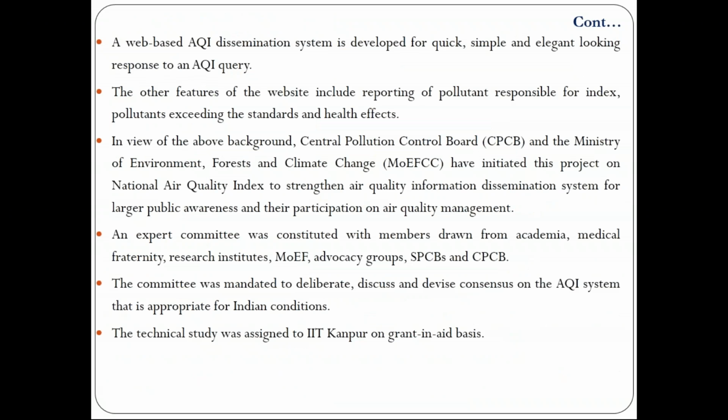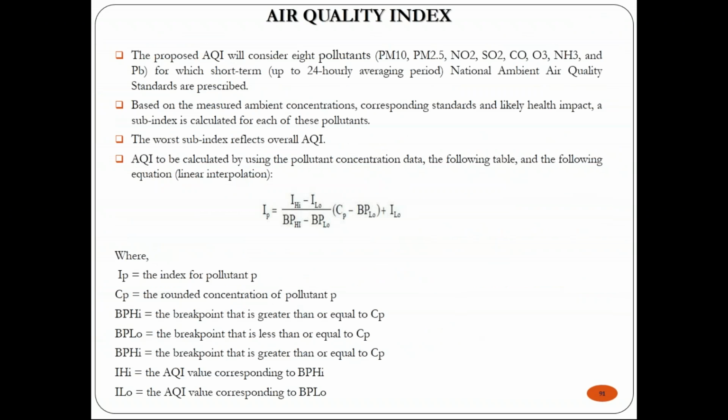This AQI has one feature: because it has one figure, one can immediately understand whether this figure is dangerous or not, because it comes with a color code also, and color can be easily understood by all the public, even laymen. The technical study on AQI was done by IIT Kanpur, and CSE was also involved in the preparation of AQI.